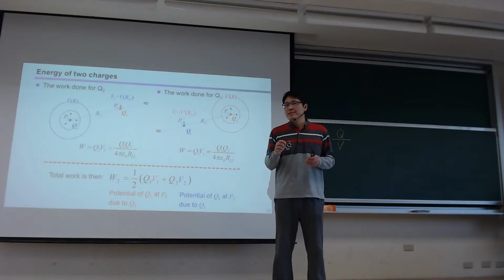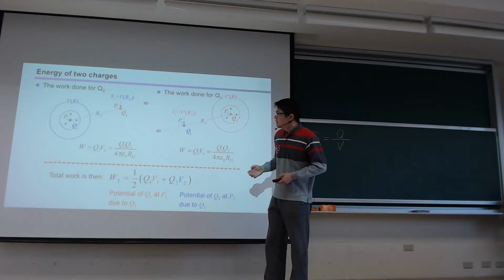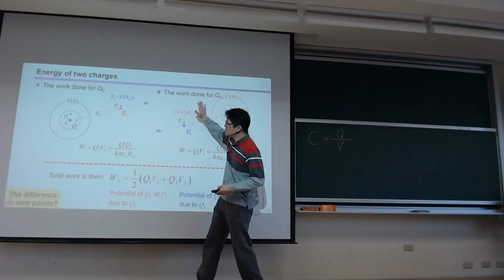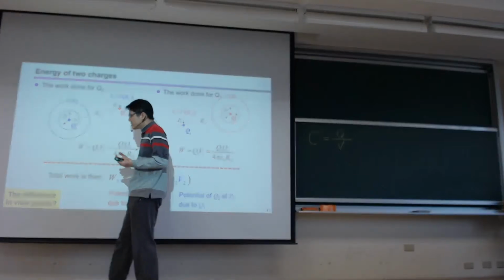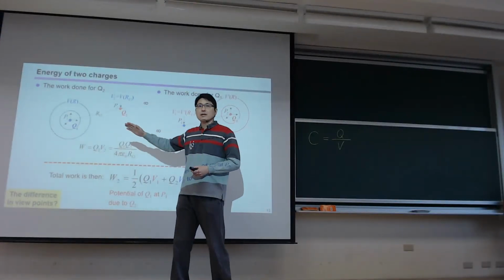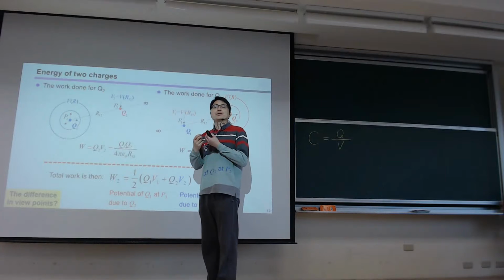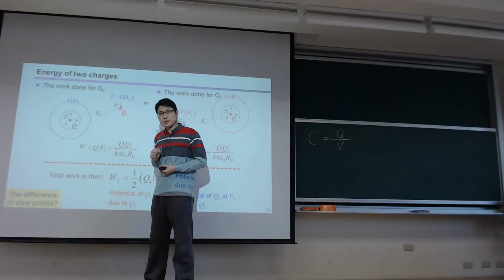But do you notice something different, something weird? The difference between this equation and these two results is a slight difference in your viewpoint. In the top, we somehow try to calculate the energy charge by charge, right?